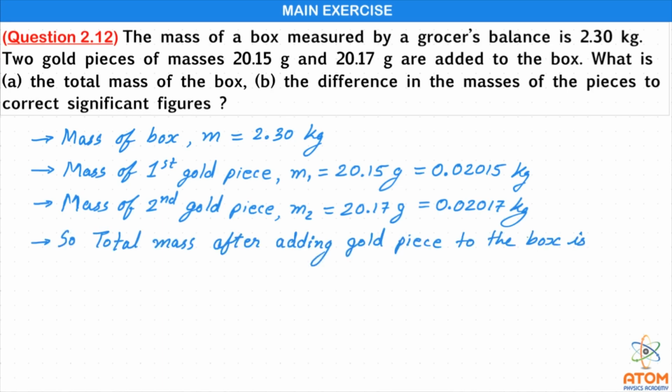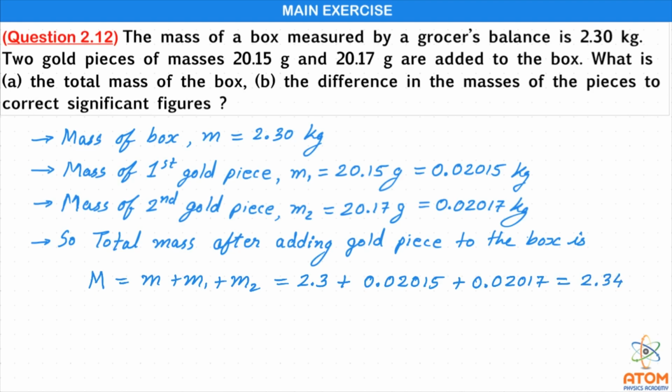So total mass after adding gold pieces to the box is, let us say, capital M. Then this capital M will be obviously small m plus m1 plus m2. That means it is 2.3 plus 0.02015 plus 0.02017. Adding all of them, we will get 2.34032 kilogram.